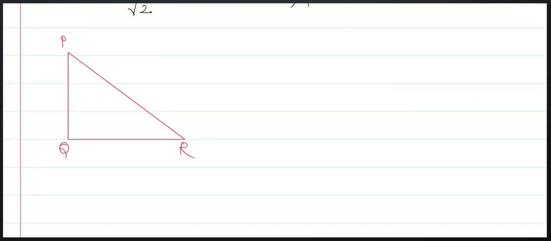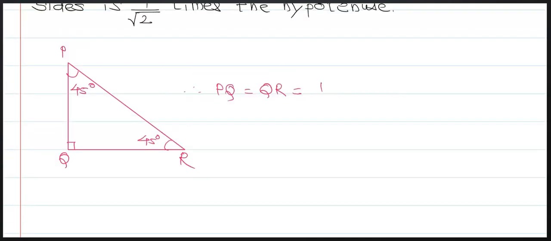See this here. This is triangle PQR. P is 45, R is 45, PQ is equal to QR is equal to 1 upon root 2 PR.